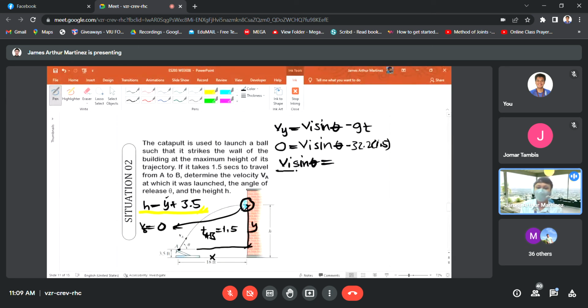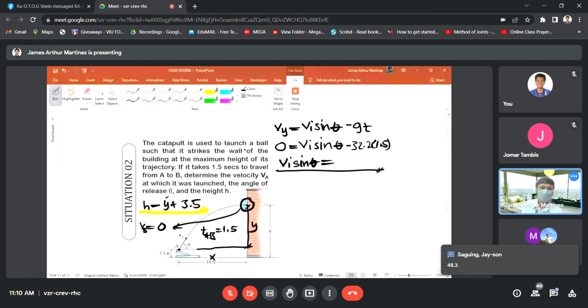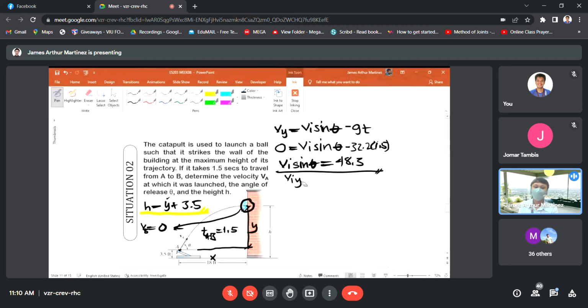How much is that? 48.3. So we have 48.3, and take note that Vi sine theta only refers to Viy.